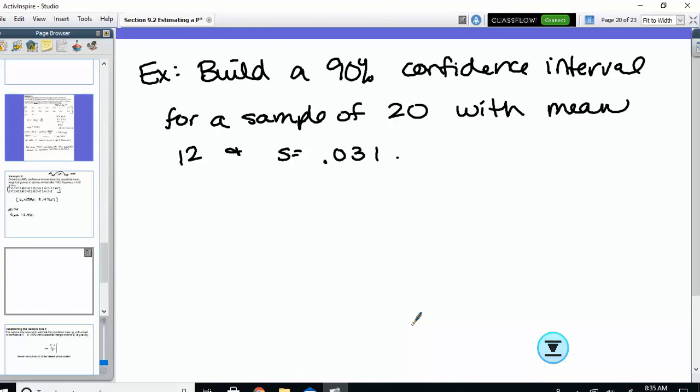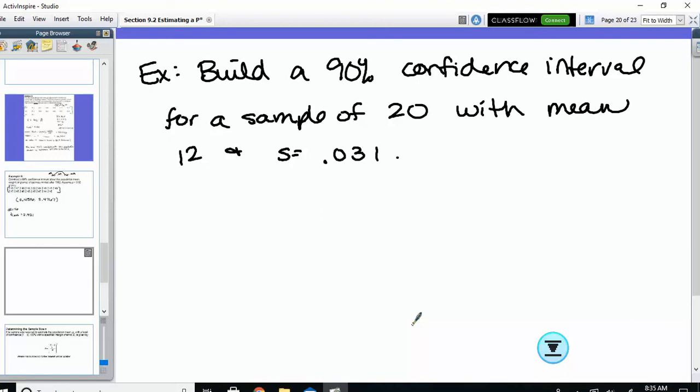If we want to do this on the calculator, we have stat, tests, number 8, a t-interval. Your input though, you need to switch it over to stats. So put your cursor over stats and hit enter. And then it asks you questions. X bar, that's my mean. What was my mean here? 12. So you change your X bar to a 12. Standard deviation I gave you was 0.031.